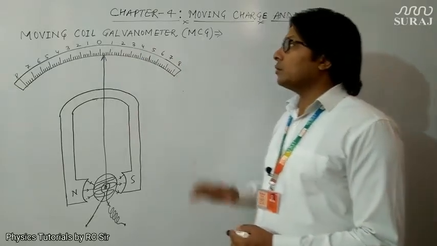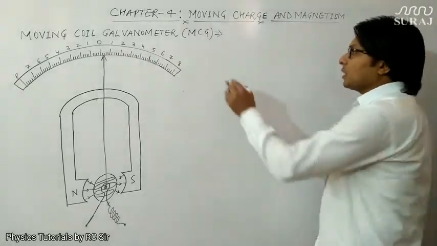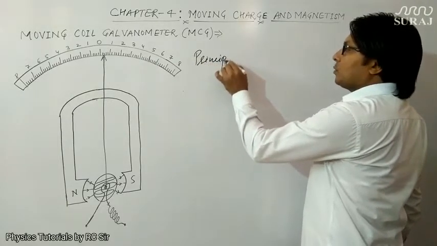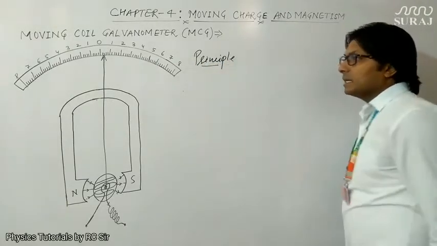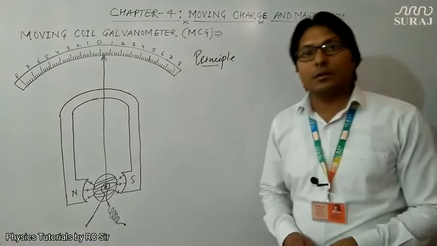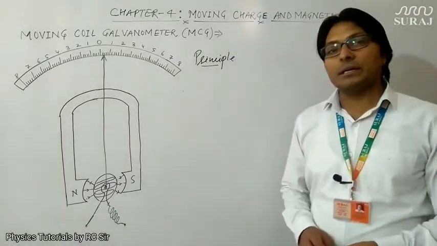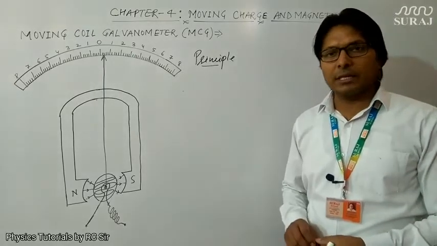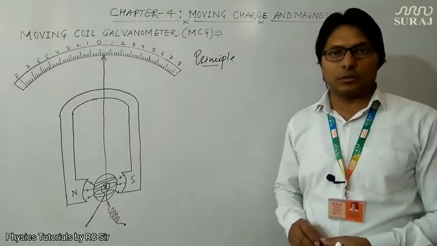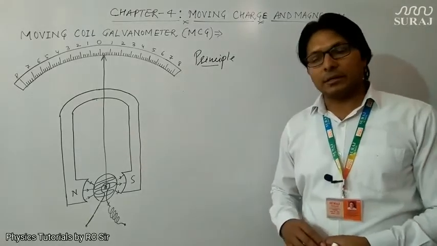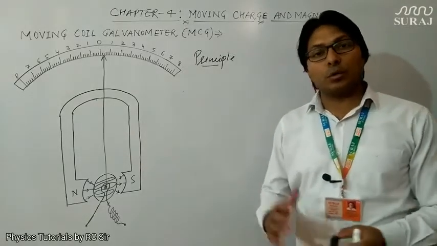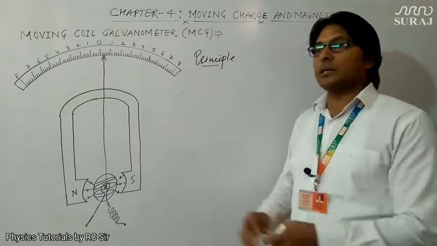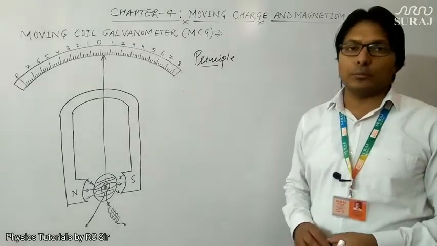Now comes the principle of working of this galvanometer. The principle is that whenever a current carrying loop is placed in a uniform magnetic field, it experiences a torque, which we have discussed in our last video, the torque on a rectangular current carrying loop placed in a uniform magnetic field.